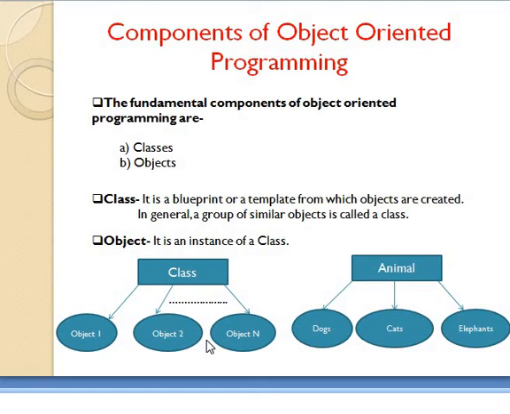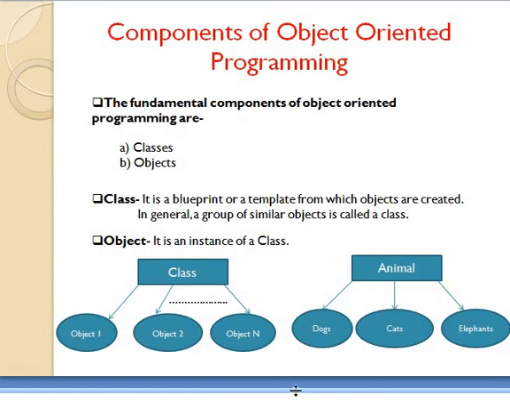For example, if the word animal represents a class, then dogs, cats, and elephants form its objects. That means we can say that the class animal serves as a template for the objects.